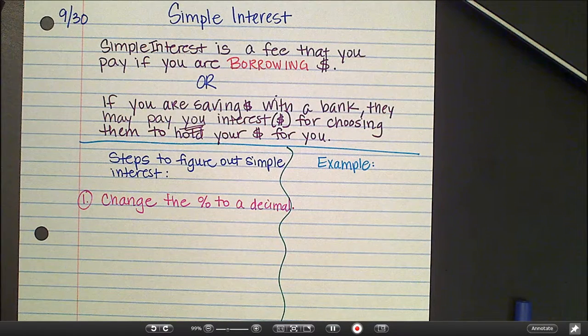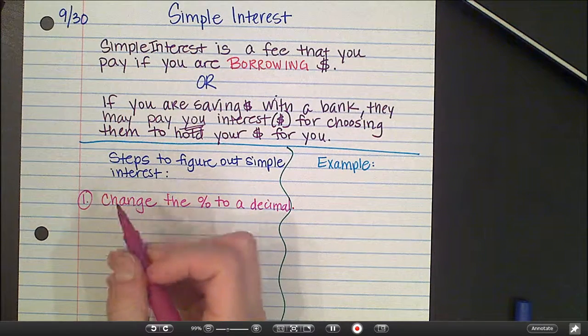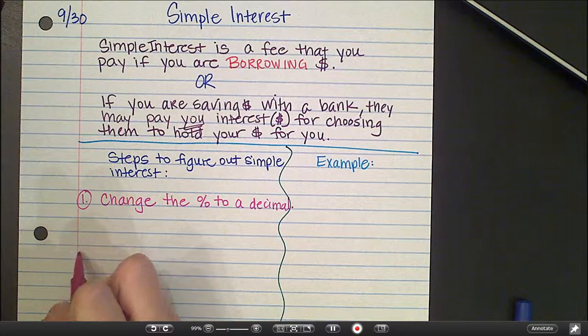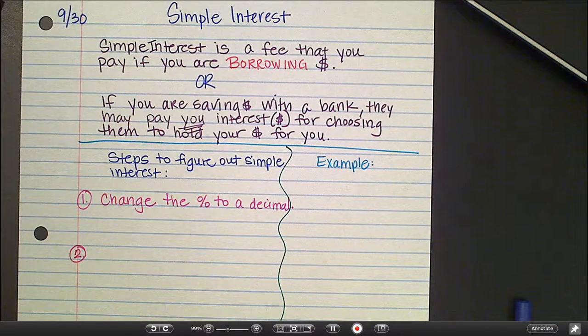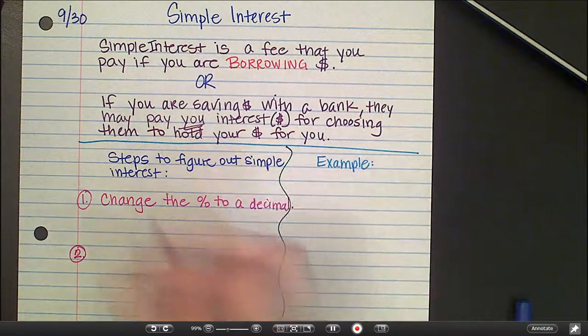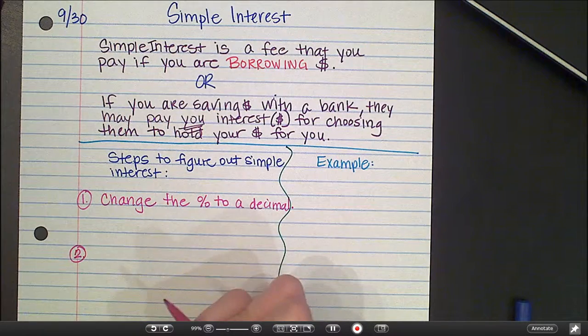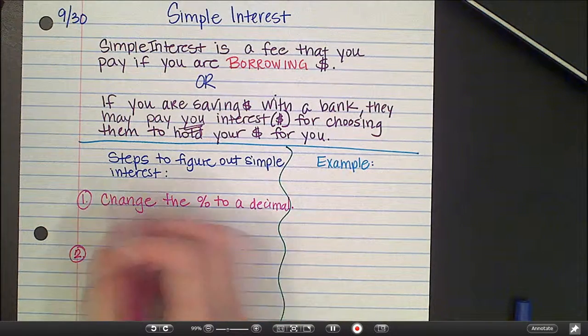Okay, so we're going to do that first. And then second, do we need to change our percentage? Yes, okay. Change the percent to a decimal. Then we're going to plug in.